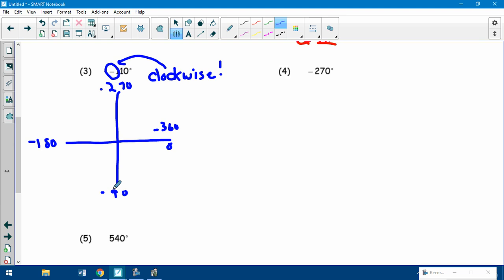So negative 110 will end up between negative 90 and negative 180. We still start here. We end there. This time, I don't rotate this way around, that's wrong. Instead, I rotate clockwise around because it's a negative angle. We would still call this quadrant 3.